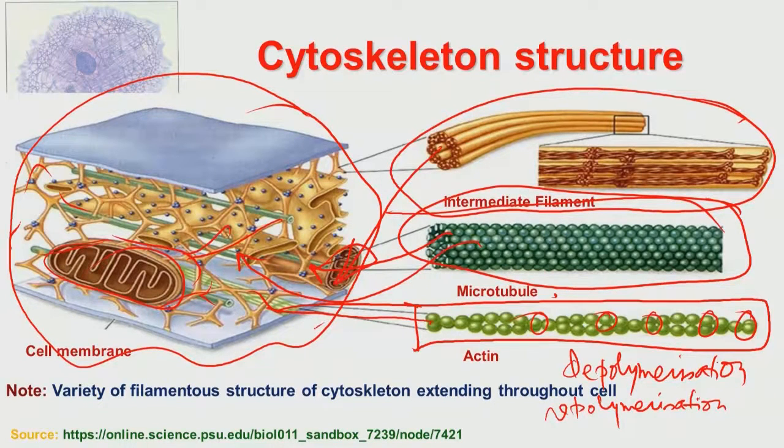You are seeing this light green color, this is your actin filaments. You see the dark green colored large tubular structure, this is your microtubule, and you also see the intermediate filaments with a characteristically different morphology compared to the other two filamentous structures.